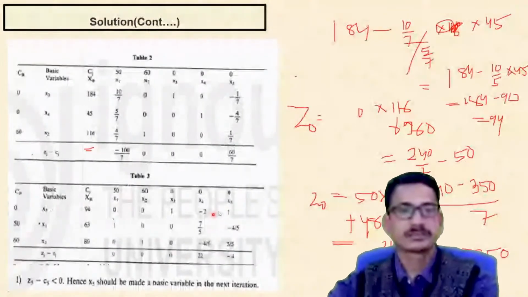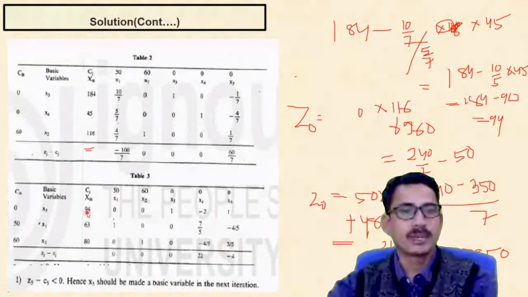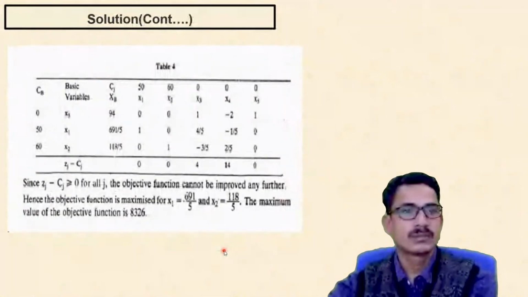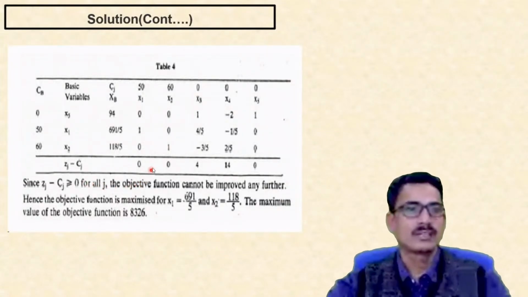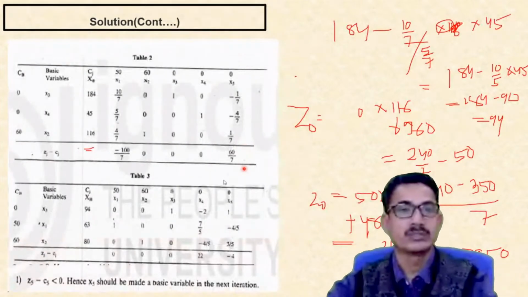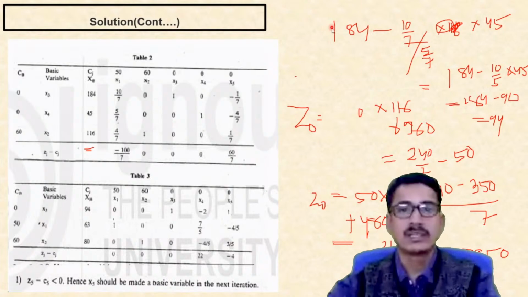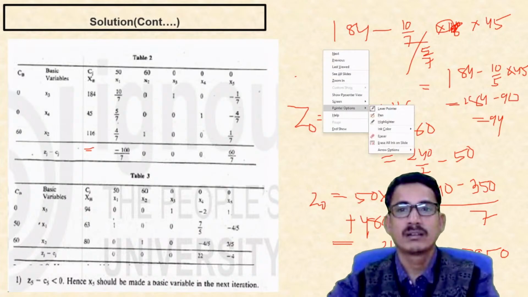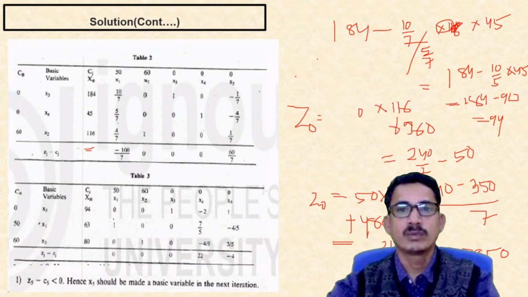So 94 by 1 is 94. 80 by 3 by 5. Obviously this will be lesser. This shall be out. Now after this you get this figure. X5, X1, sorry, let me tell you. 94 by 1 is 94.